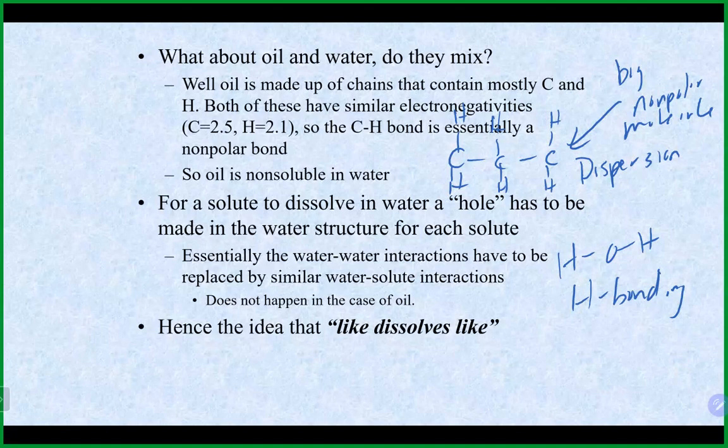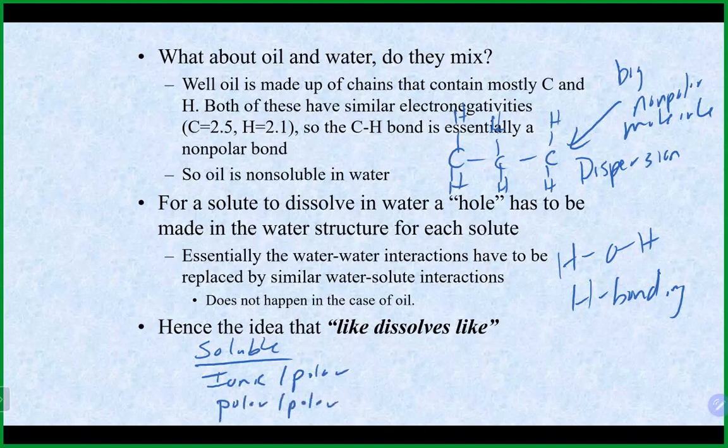Things that are ionic and polar are soluble in each other because they can do that ion-dipole interaction. Things that are polar and polar can work well with each other because they can do dipole-dipole or hydrogen bonding. Something people sometimes miss as well is that nonpolar things will also be soluble in each other.